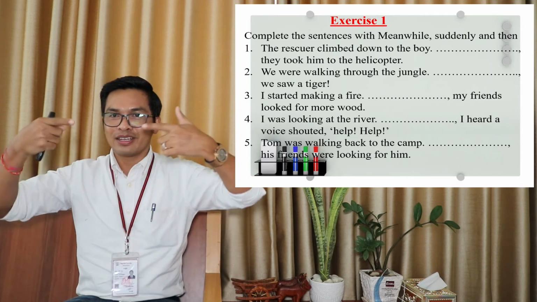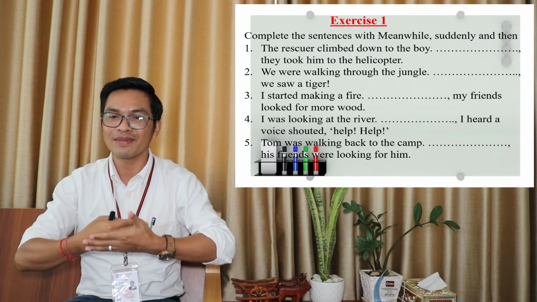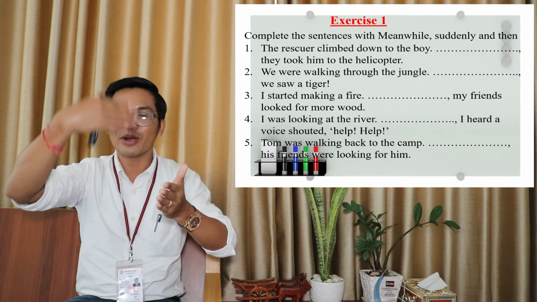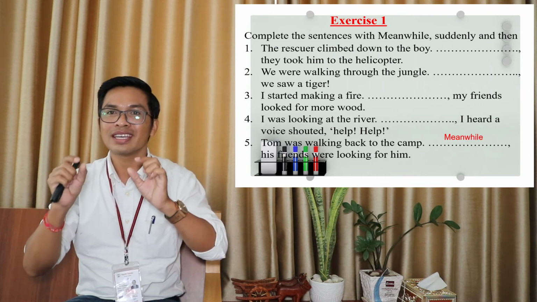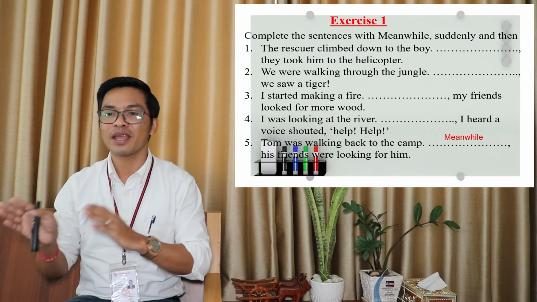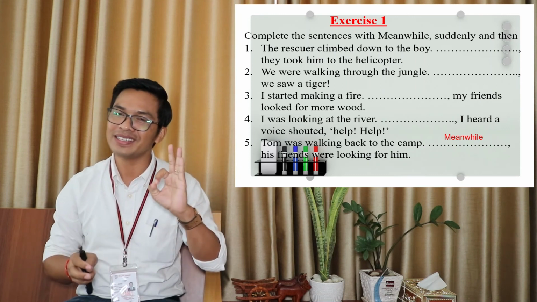Right, so the same or different? I think it is the same, because Tom was walking to the camp and the other friend was looking for Tom. So the correct word should be meanwhile. Tom was walking back to the camp. Meanwhile, his friend was looking for him. Right? Have you got some idea?